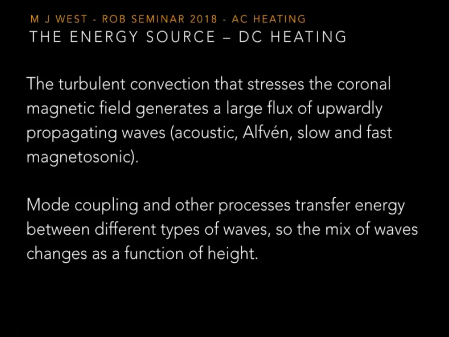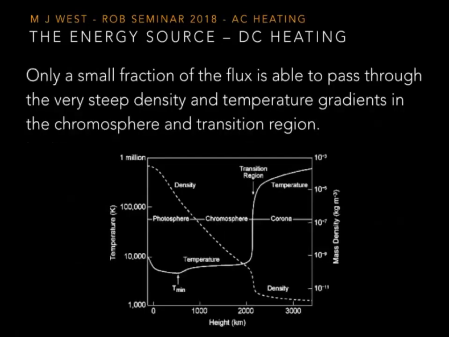And mode coupling and other processes transfer energy between the different types of waves. And so the mix of different waves changes as a function of height as we move through different temperature and density regions. And only a small fraction of the flux is able to pass through the very steep density gradient that we actually see down here, and temperature gradients in the chromosphere and the transition region.